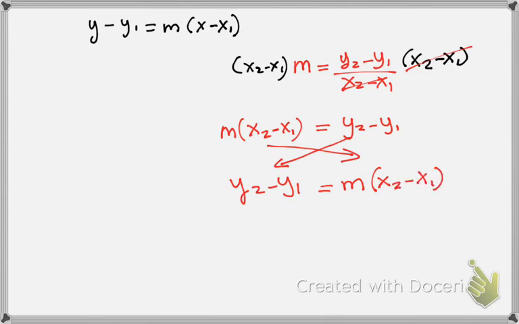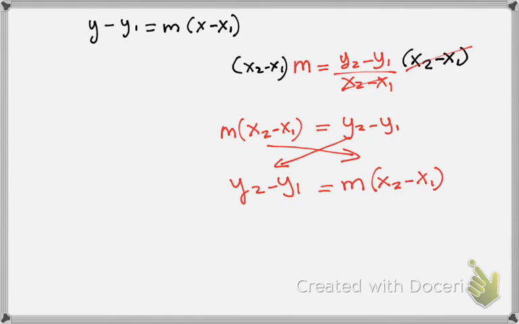Now, how is this different from point slope? There's no 2. And what does x2, y2 represent?